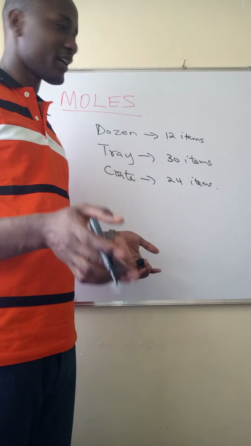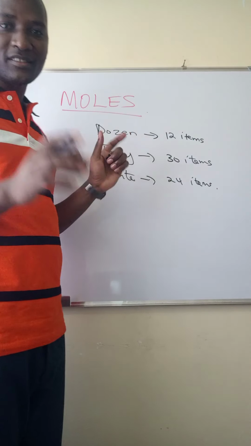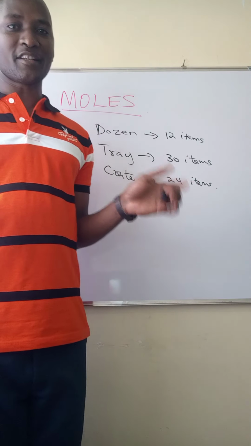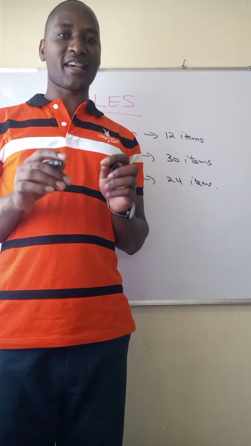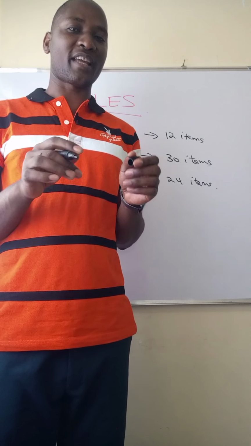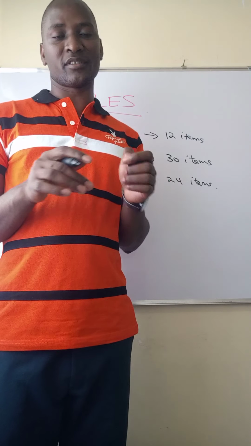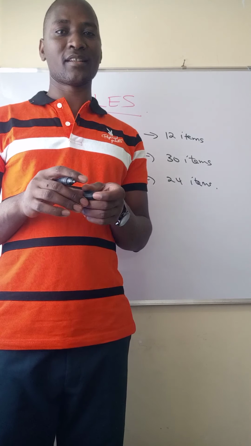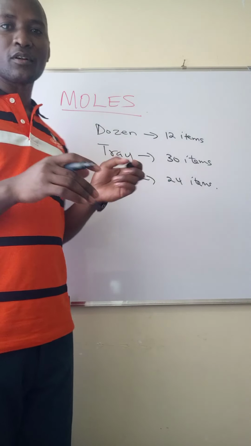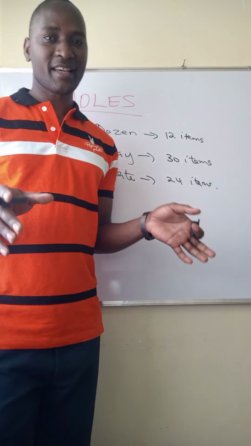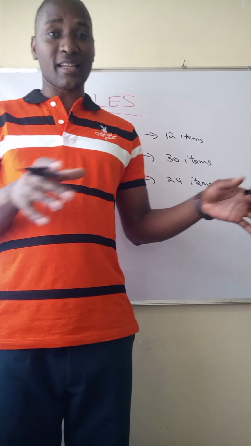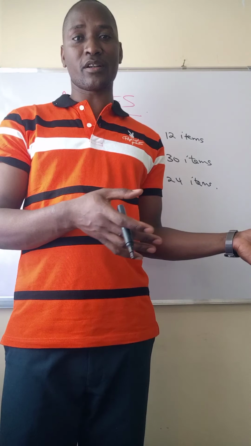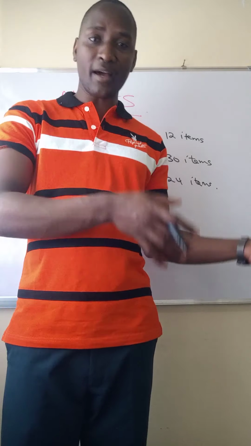So if I say a mole, it is not something difficult. It also just means that there is a number of items that are contained in one mole. So a mole is just anything that has a certain number of things, and majorly we call it the Avogadro's number.